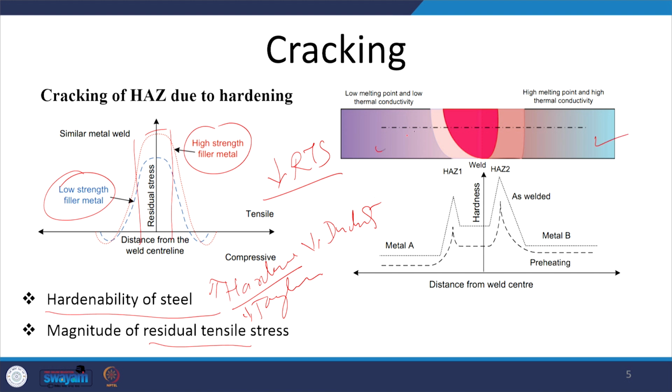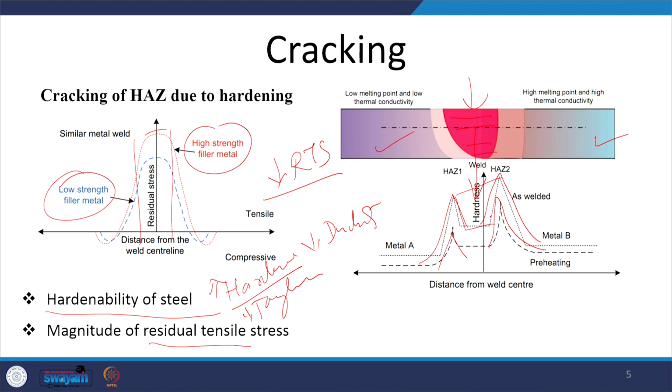If on the two sides we have different kinds of metals, both showing transformation hardening behavior, then next to the weld zone, meaning the heat affected zone, there will be an increased hardness tendency. The weld metal composition can be designed using a suitable filler. If it is matching, then hardness will be more, and if the filler is of low yield strength, then hardness will be low.